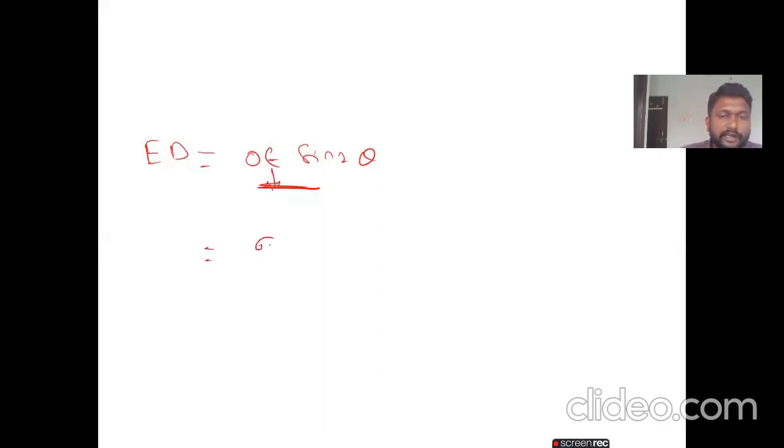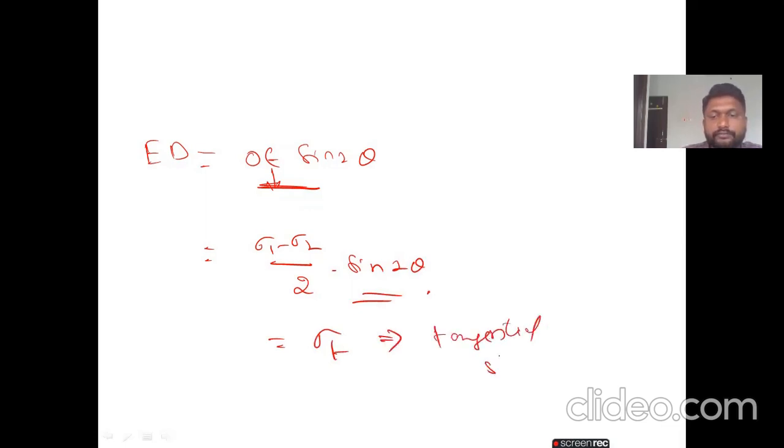OE we already calculated, that is (sigma 1 minus sigma 2) by 2 into sine 2 theta. This is the sigma t, which is nothing but the tangential stress. So now we calculated sigma n as well as sigma t. Now for the result sigma t max: sigma t max equals (sigma 1 minus sigma 2) by 2.